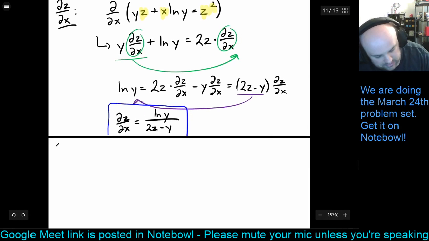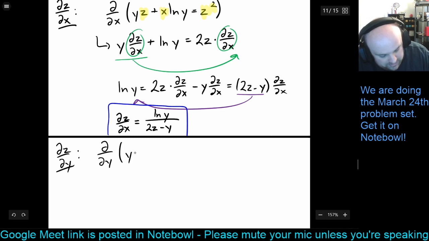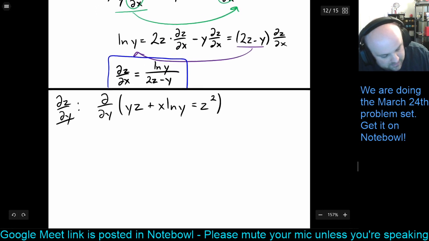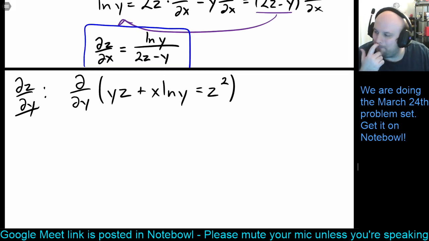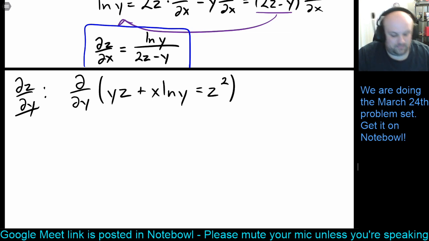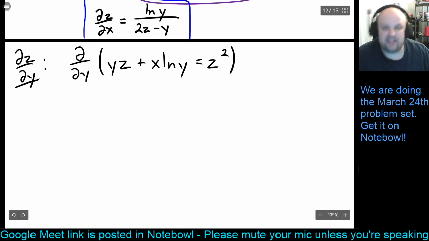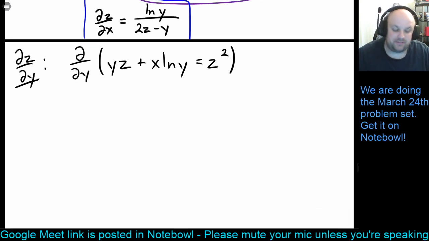So let's look for dz/dy now. Here we're going to do the exact same thing. Let's look again at what parts of this actually get hit with the derivative.